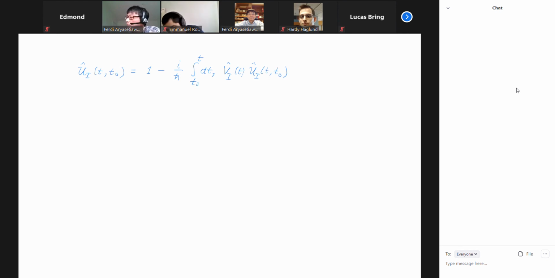I just put the 1 on the right-hand side. So now we can iterate to develop perturbation expansions in the potential. What we do is we replace this thing here. So this should be t1 here.